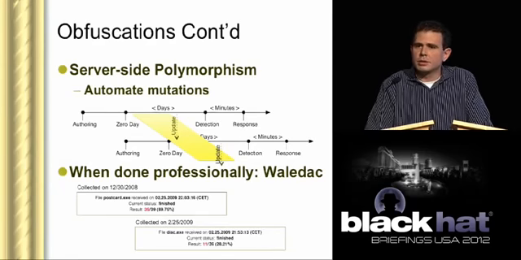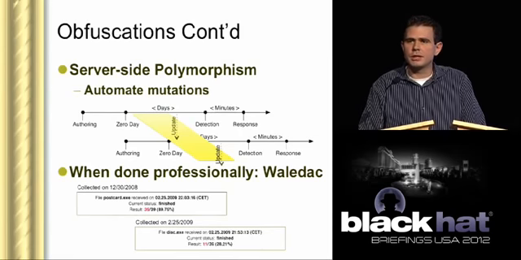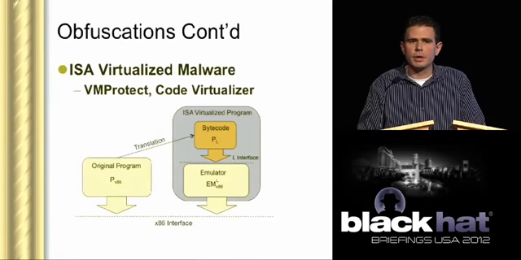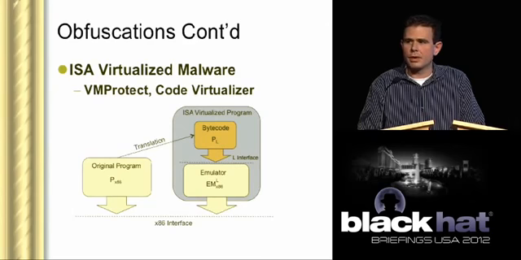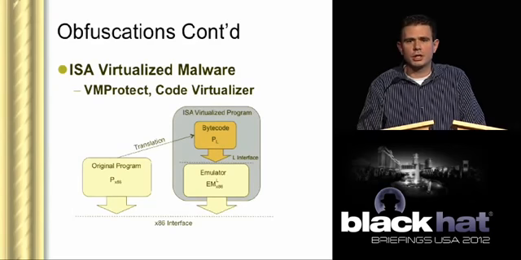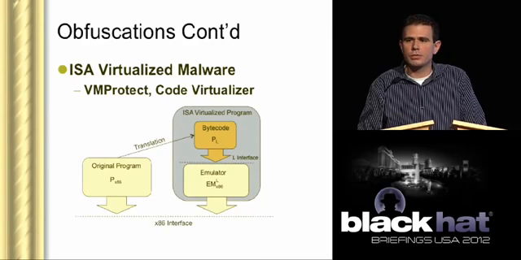Another recent evolution we have seen in terms of obfuscations is the use of ISA virtualization in malware. In ISA virtualization, again, a program, which may be malware, is irrevocably transformed as a function of having its machine code turned into bytecode for an unknown, arbitrary attacker-decided language.